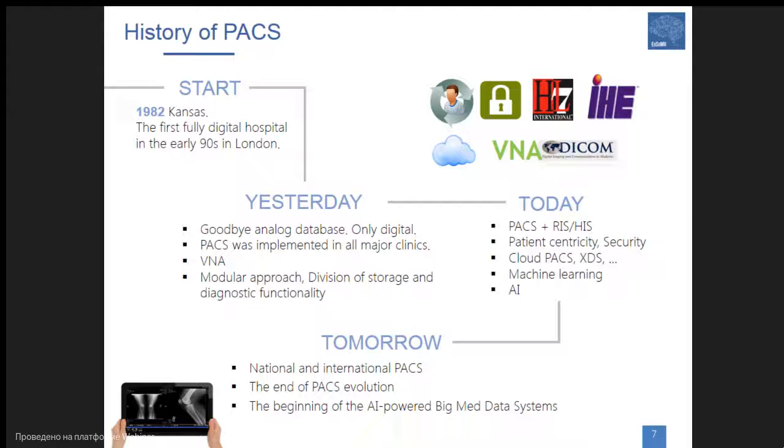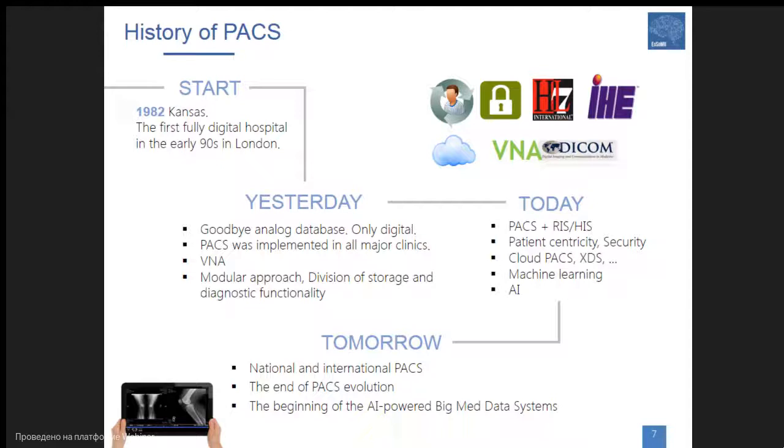Today we have integrated PACS and RIS solutions. We need patient-centric solutions. Security is an issue, and I will say a few words about it separately. There should be cloud PACS with integration of different clinical and radiological services, and machine learning and artificial intelligence are becoming more and more widespread, providing added solutions for increasing efficiency.